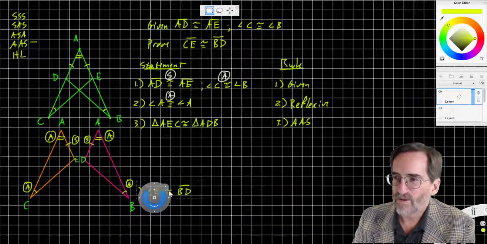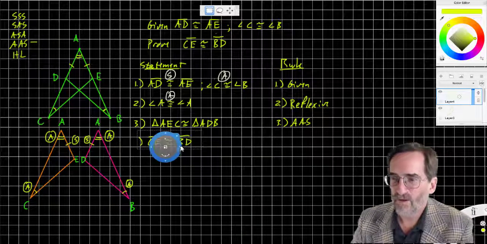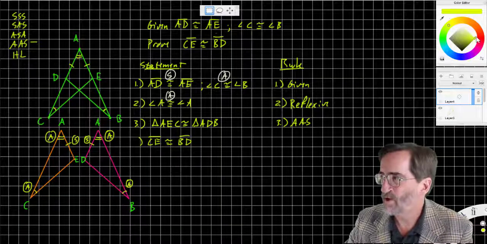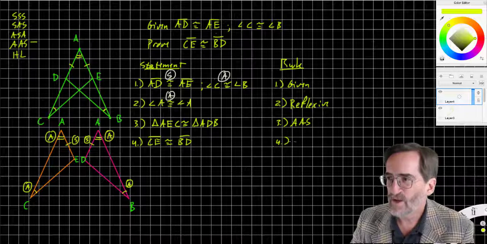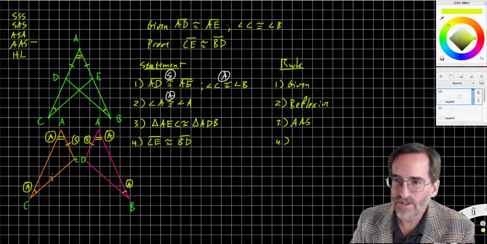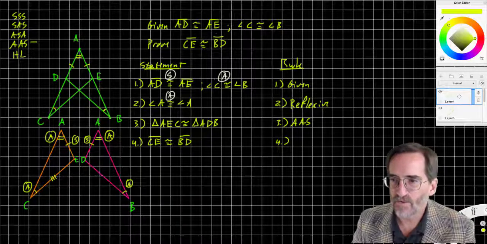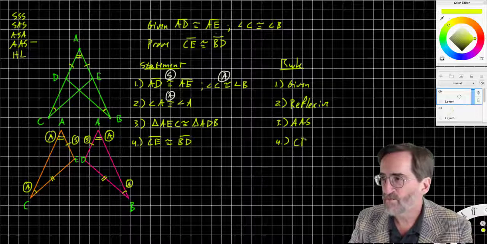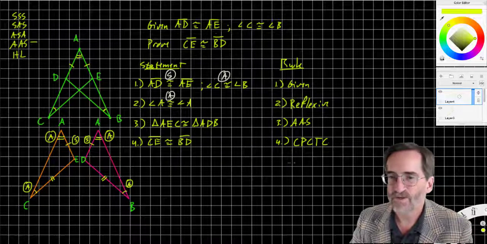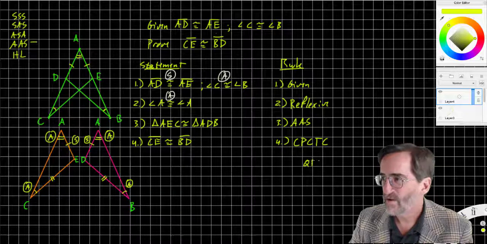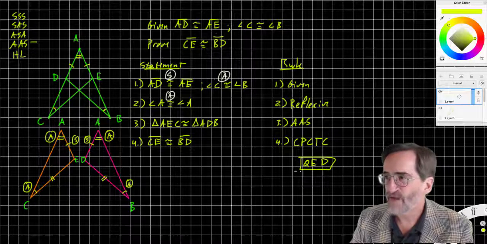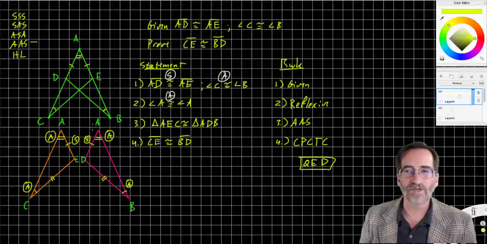So our last step, step 4: CE is congruent to BD, since corresponding parts of congruent triangles are congruent. And that's really it. That's the idea. So separate the triangles and look for shared parts.